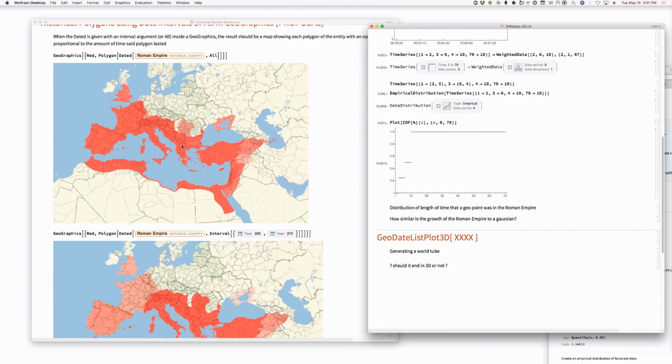I agree, they are different questions, but what I'm saying is that compressing time to get just a probability is one thing. You're discussing also the purely spatial case, but compressing time to get a probability, it could be that, from Rome as a center, the distribution of times that a given place spent in the Roman Empire was roughly Gaussian distributed.